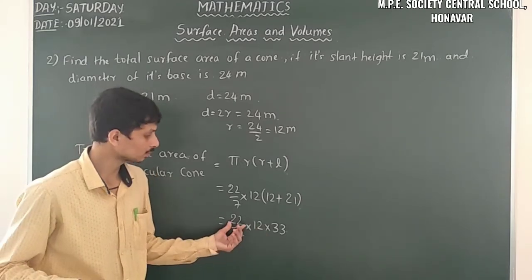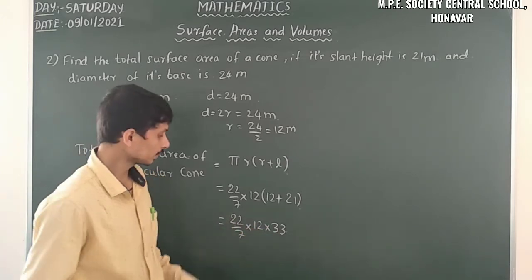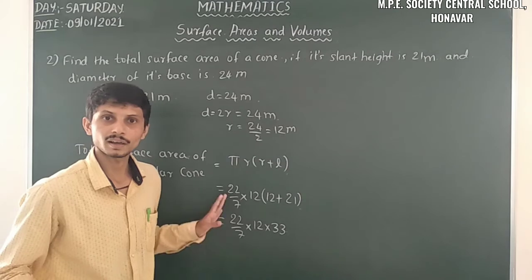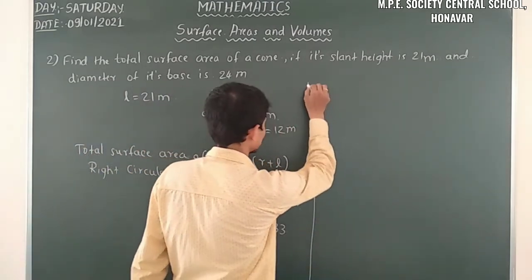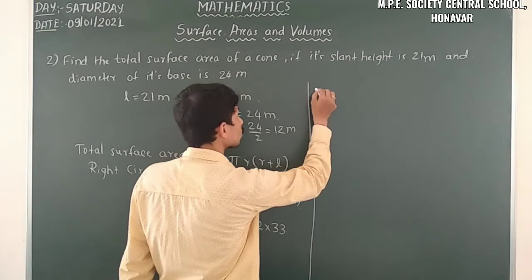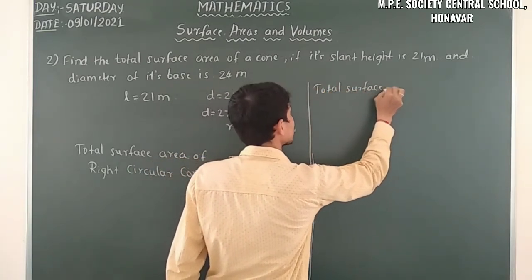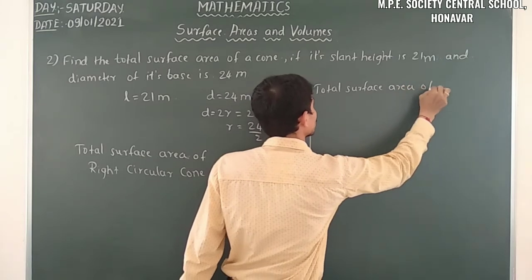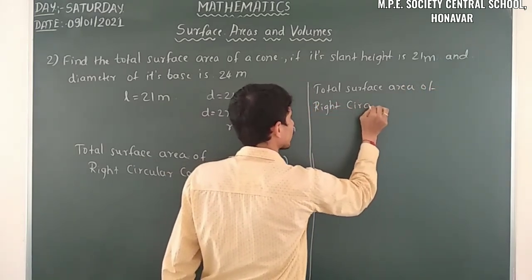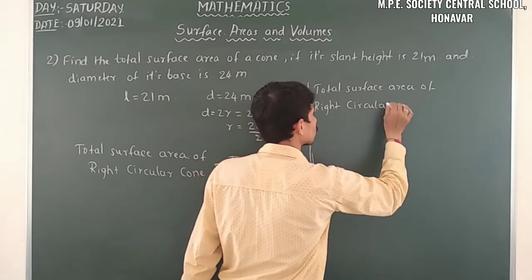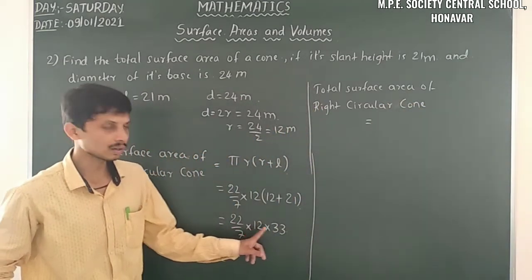That means firstly we have to multiply 12, 22 and 33, so we can simplify as far as possible. Here I will take the total surface area of the right circular cone is equal to, just observe 22, 12 and 33.